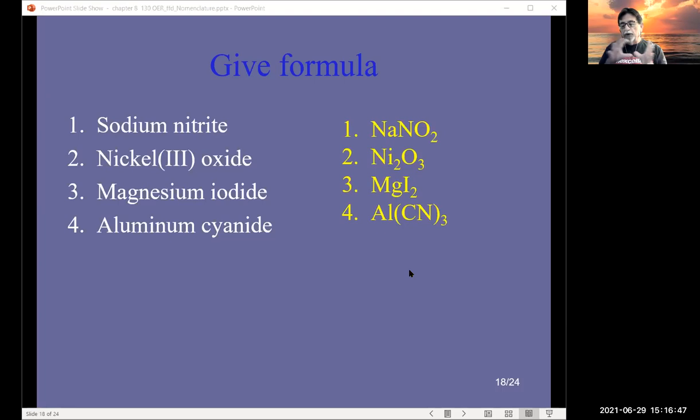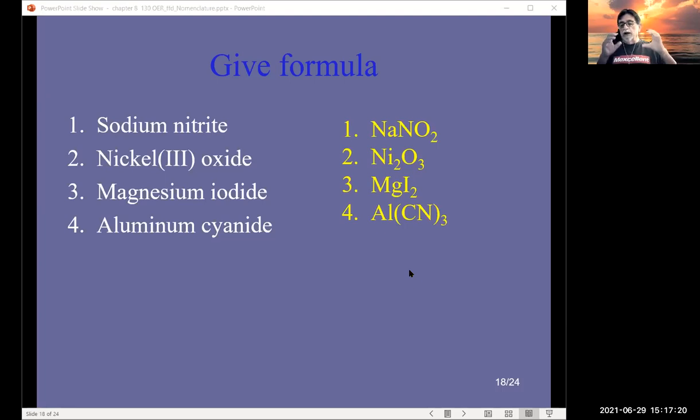The anion part, the nonmetal part, their name gets changed. Sulfur becomes sulfide, oxygen becomes oxide, etc. Then we have polyatomic ions that we utilize. Remember to keep those together in units, and if we need more than one, you put a parenthesis around it and put a subscript to give you more than one.